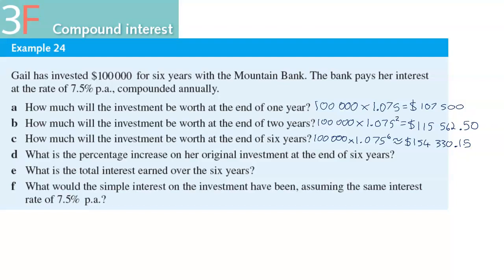The percentage increase on the original investment at the end of 6 years. So I don't have very much space there, so I'm going to go down here for part D. So my original amount was multiplied by 1.075 to the power of 6.